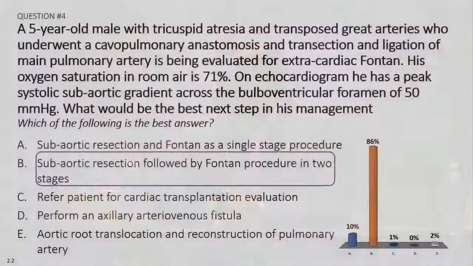So 35, 40 is considered the sweet spot above which typically people think about doing a staged repair for Fontan because of hypertrophy and diastolic dysfunction. Again, one of the forms of this question is seen in the boards.